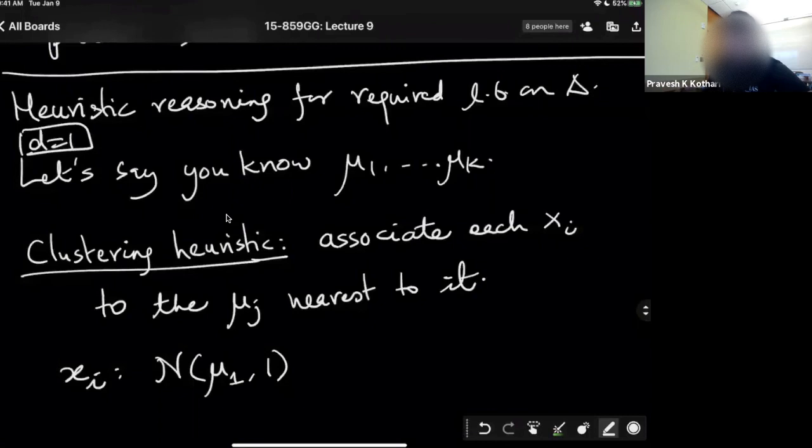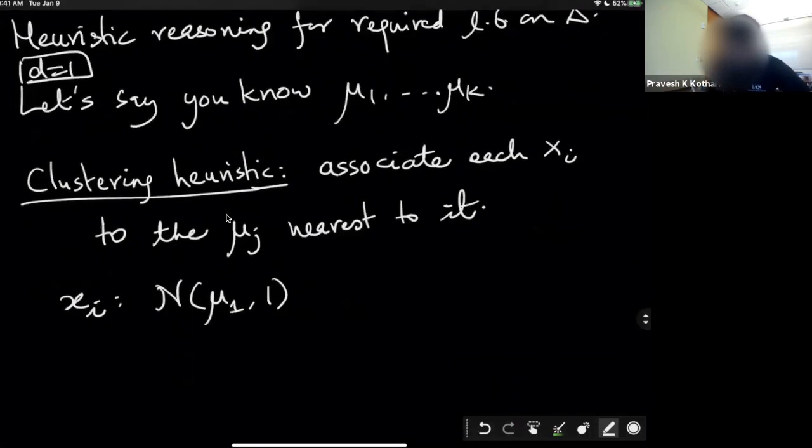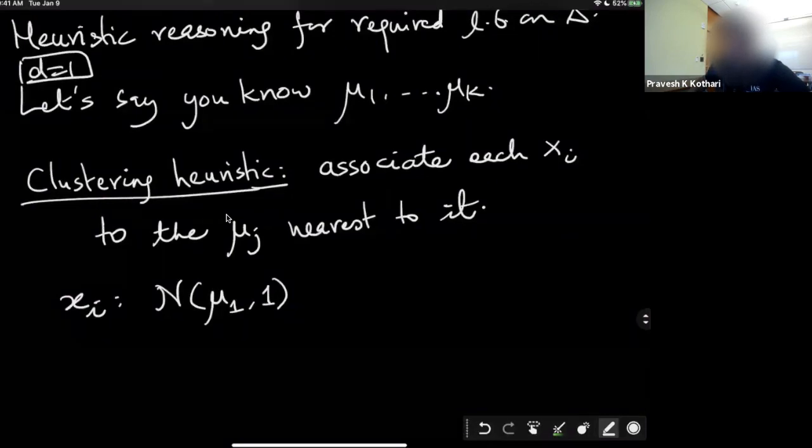So these mu1 through mu k are just points on the real line. And identity in one dimension just means the constant 1. So I have a bunch of points generated from standard Gaussians with variance 1 and mean mu1 through mu k. And the clustering heuristic we tried was associate xi to the mean which is nearest to it.